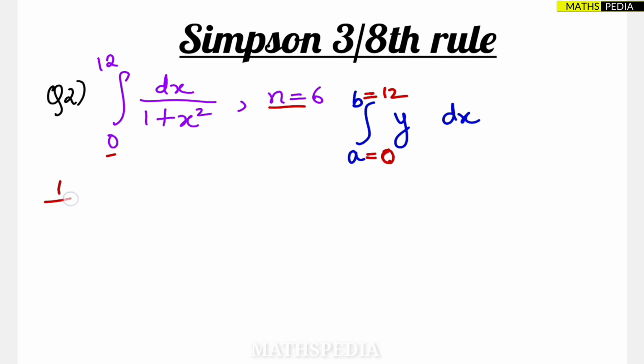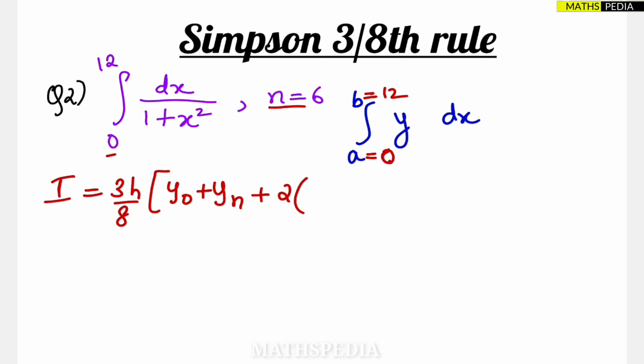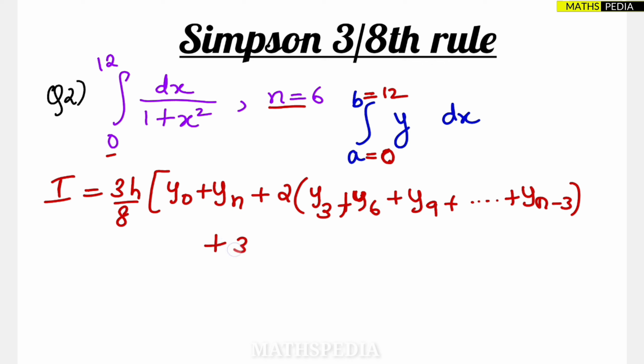First I'll write the formula for the Simpson method. As we know, it is 3h by 8 into the first term y0 plus the last term yn plus 2 times the 3-multiple terms: y3 plus y6 plus y9 and so on till yn minus 3, plus 3 times the rest of all the terms: y1 plus y2.